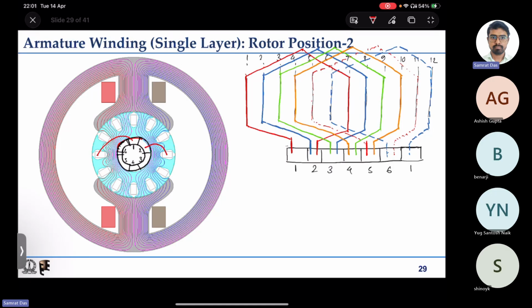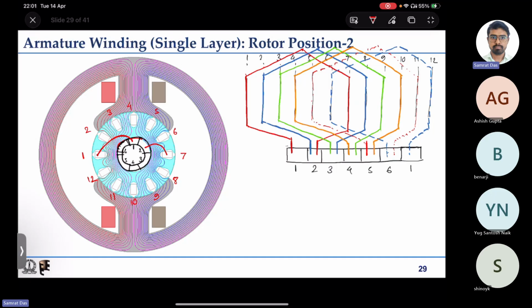Yes, this is what is suitable, I think. So the red coil goes like this. So this is slot 1, this is slot 2, 3 4 5 6 7 8 9 10 11 12. So this is how the slots will have to be numbered.